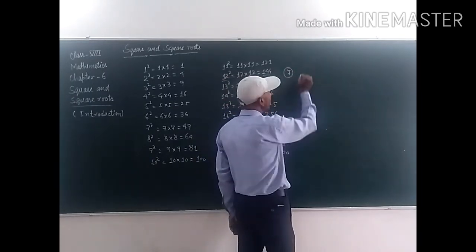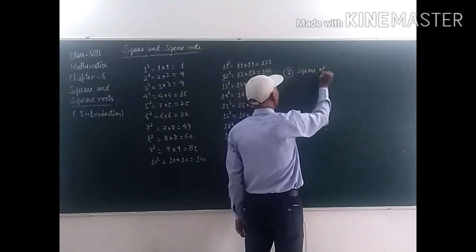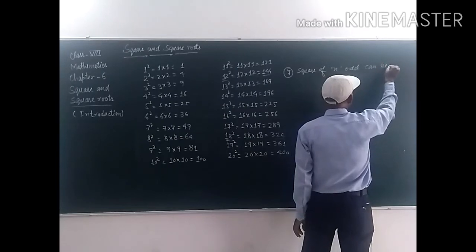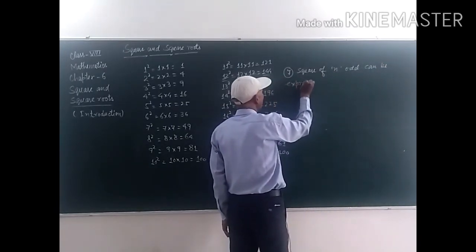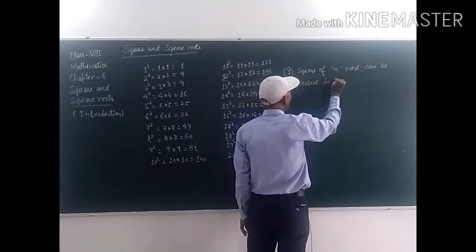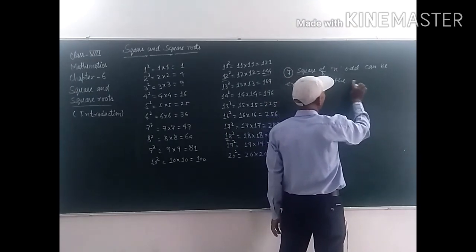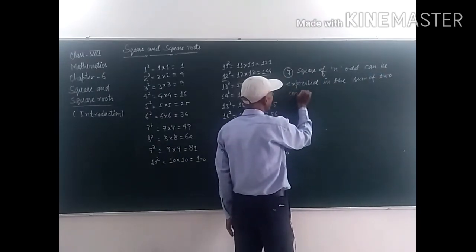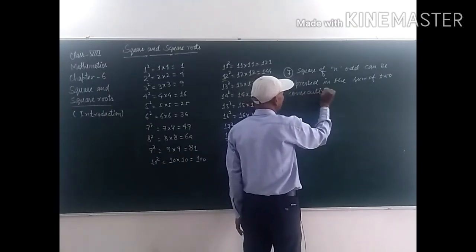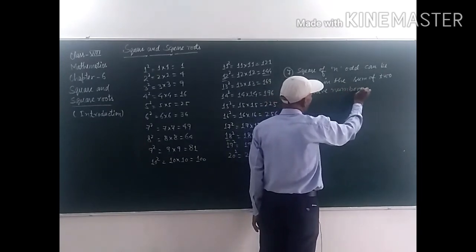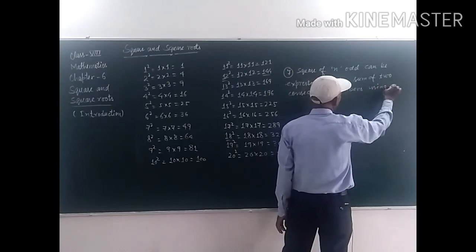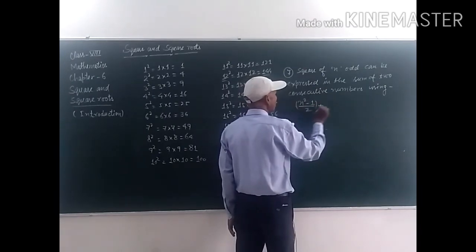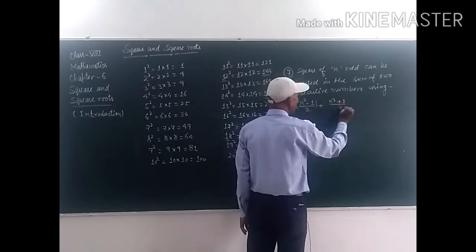And this seventh property, student, is: the square of an odd number can be expressed as the sum of two consecutive numbers using (n square minus 1) by 2 plus (n square plus 1) by 2.